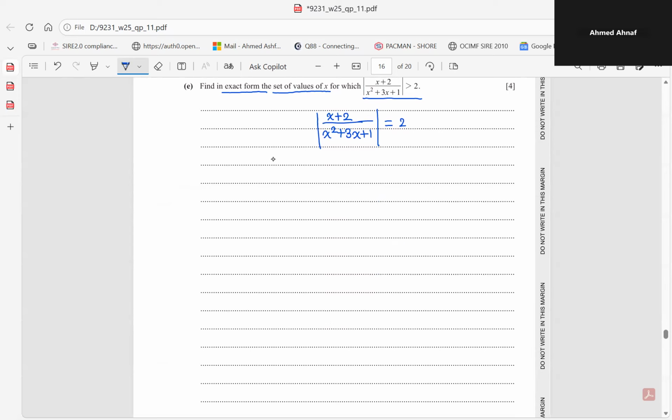So x plus 2 over x squared plus 3x plus 1 equals 2. You get x plus 2 equals 2 times x squared plus 3x plus 1. And you get 2x squared plus 6x minus x, which is 5x, plus 2 minus 2, which is just 0.